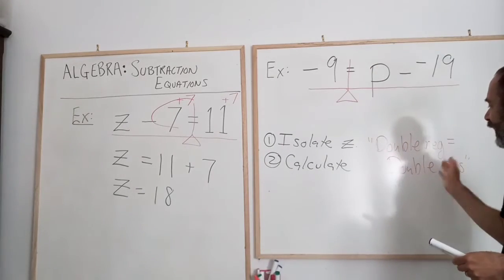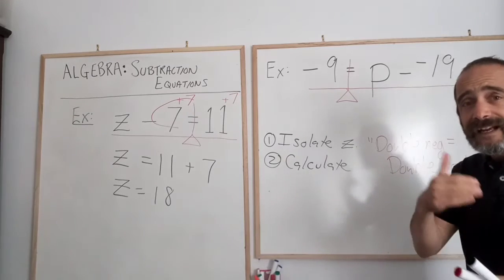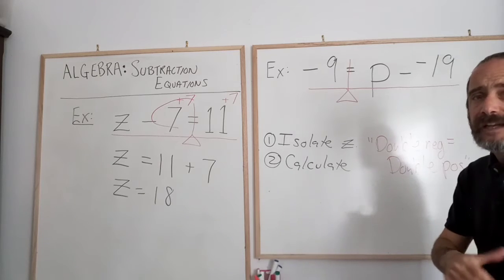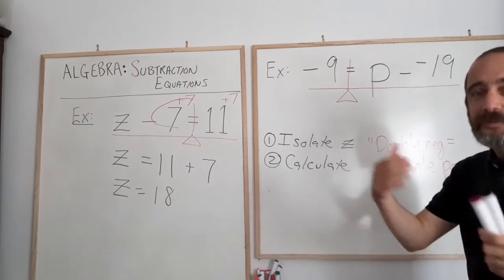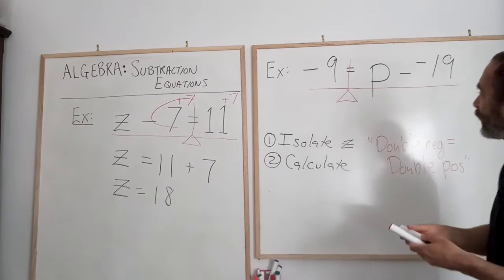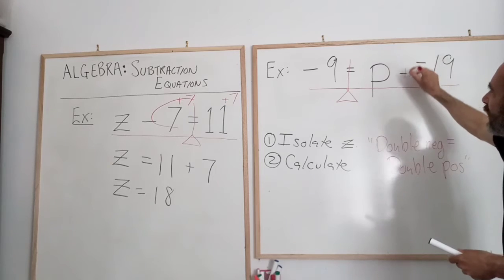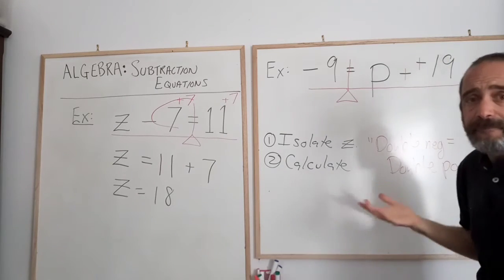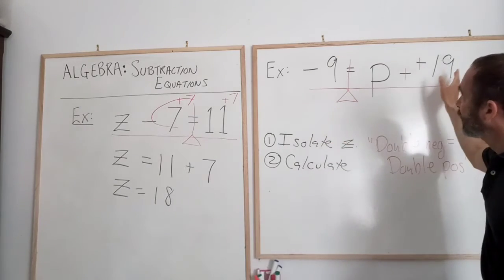That's just a short way of saying that subtracting a negative is the same thing as adding a positive, right? Taking away debt is the same thing as adding money. So because of that, we can just take that subtracting a negative and change it to a double positive. And then we have basically an addition equation. This is now p plus 19.